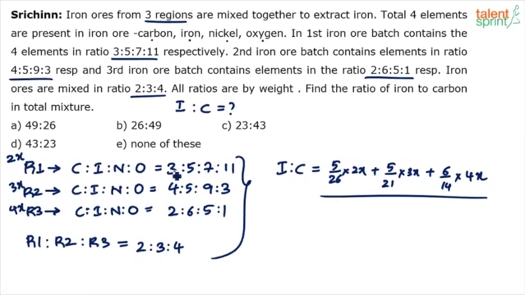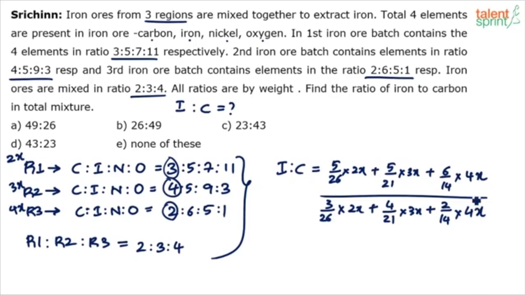Now what is carbon? If this was 5 out of 26, carbon is 3 out of 26, multiplied by 2x. If this was 5 out of 21, carbon is 4 out of 21, into 3x. Similarly, if this was 6 out of 14, this will be 2 out of 14 into 4x.